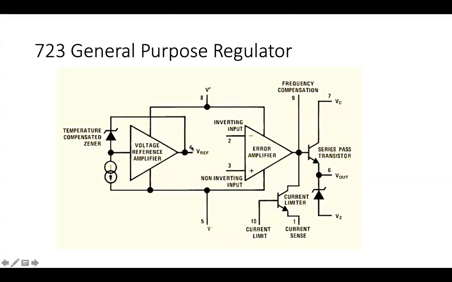This is going to get the inputs with pin numbers 2 and 3, and it is just like a difference amplifier. The output is sensed and given to the base of the transistor. This is nothing but a series pass transistor. So the output of the error amplifier is actually driving the transistor here.